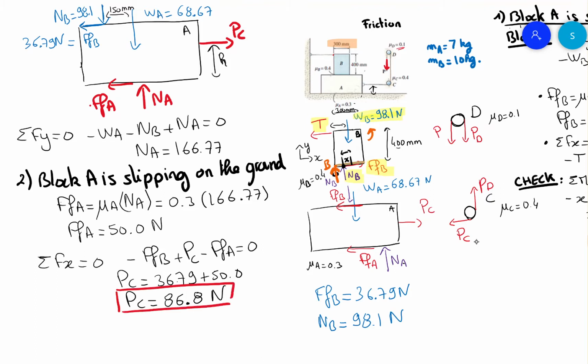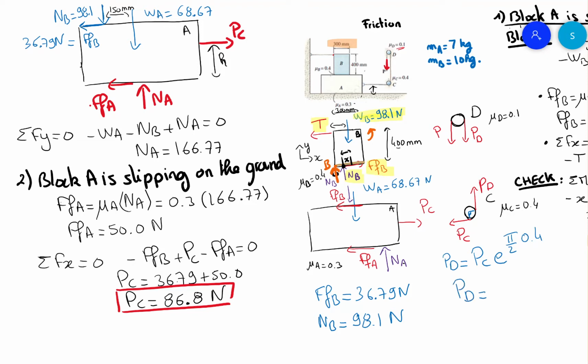We need to come back on our pulley. So we have the force PD, that is equal to the force PC times the exponential of the angle, that is pi divided by 2, times the mu, that is equal to 0.4.